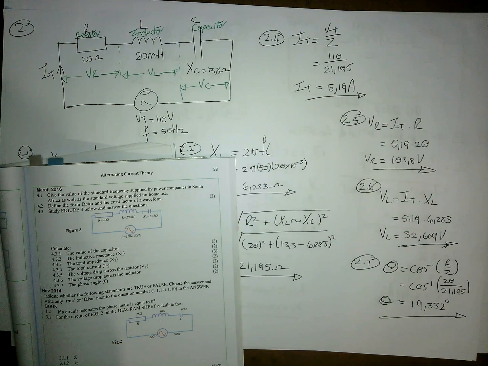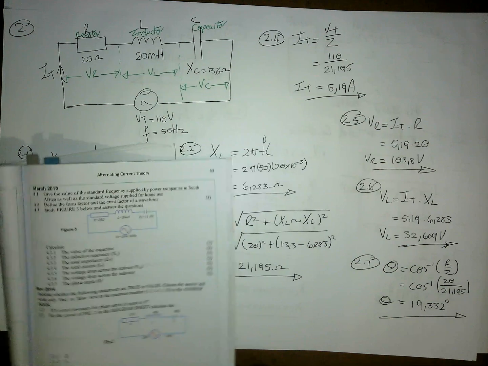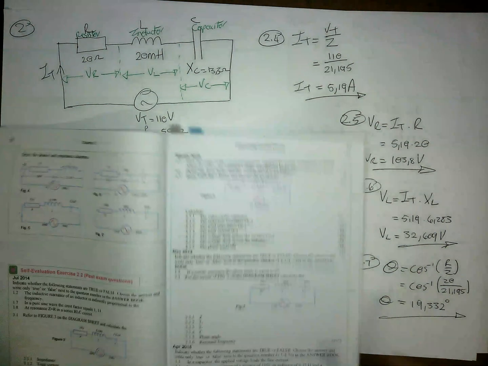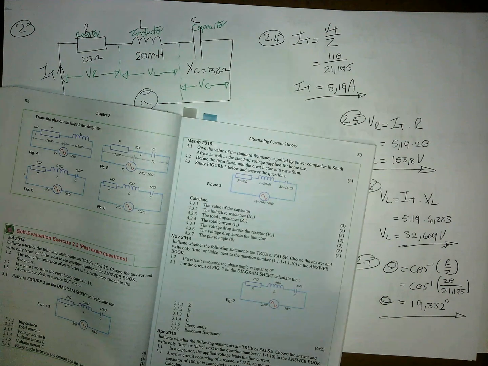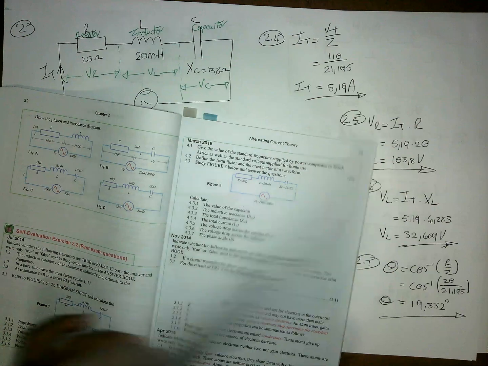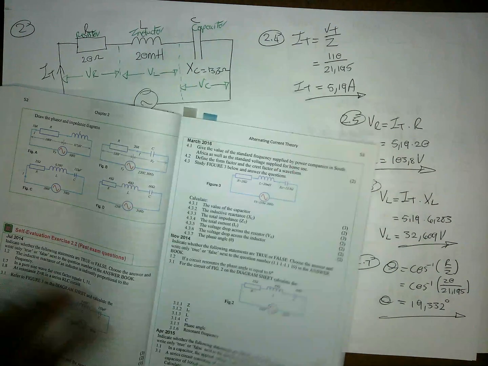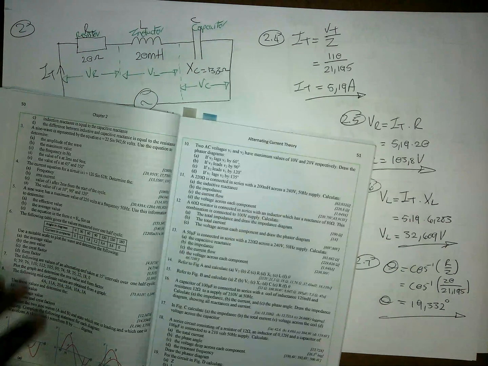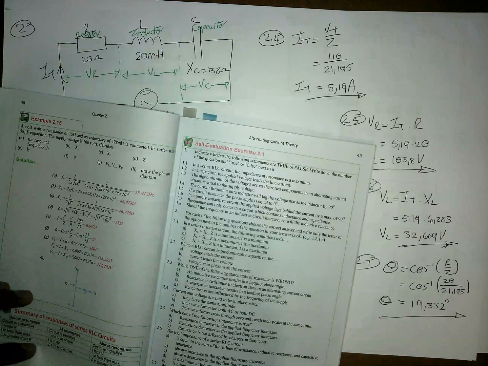I see in the book these examples. I say we stick to cos. I know that they do have other phase angle formulas. Like, where is that other one?